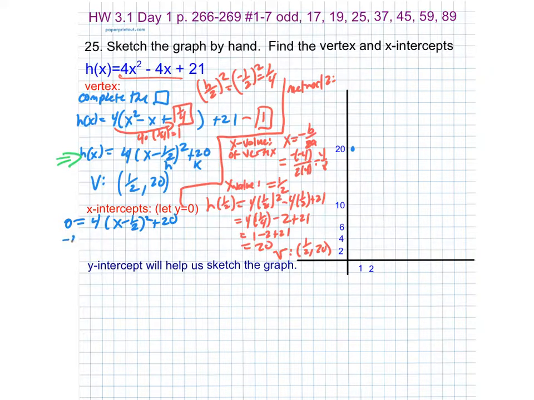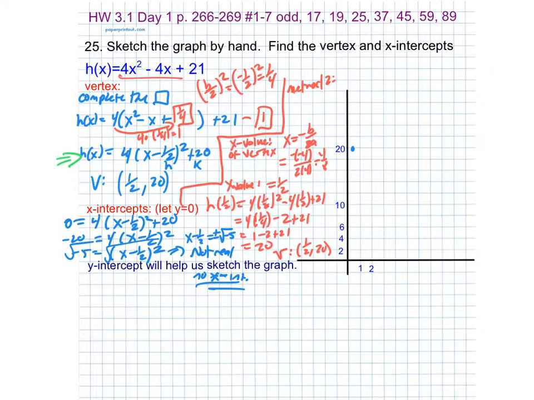Bring the 20 to the other side: negative 20 equals 4 times the quantity x minus 1/2 squared. Dividing both sides by 4 gives negative 5 equals x minus 1/2 squared. Once we take the square root of both sides, x minus 1/2 is equal to plus or minus the square root of negative 5, and that is not real. So there are no x-intercepts.